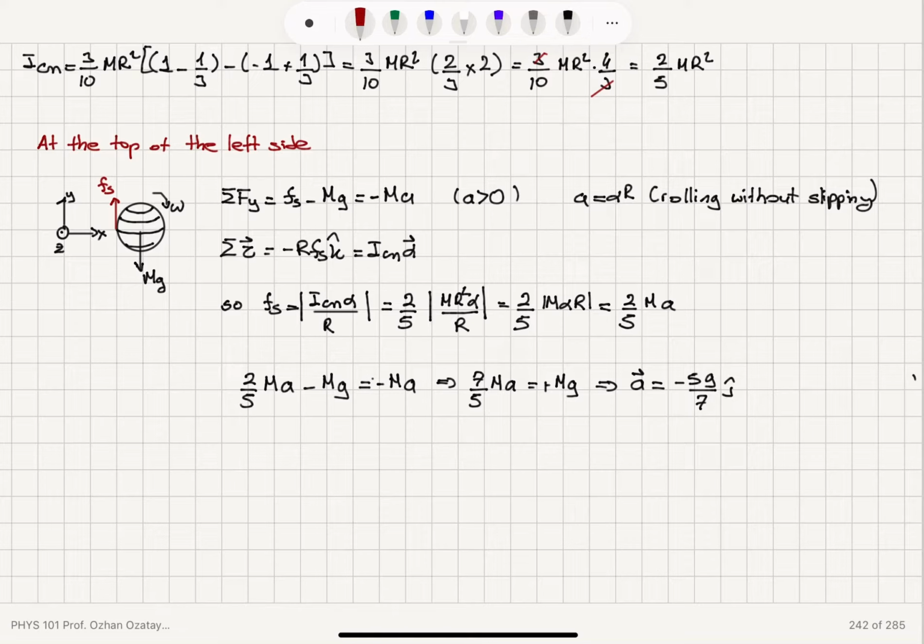Its magnitude is equal to 5g over 7, so let's keep this in mind.